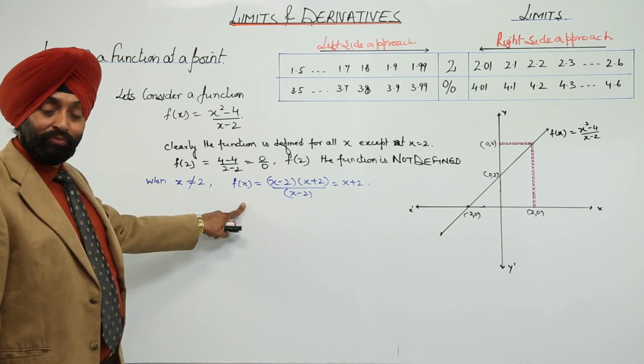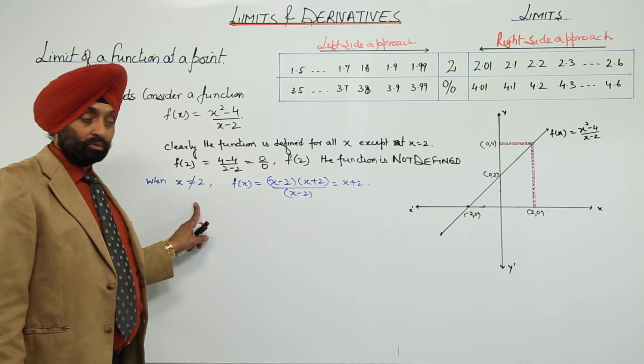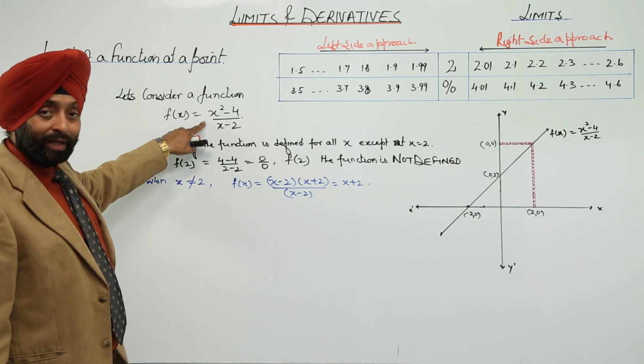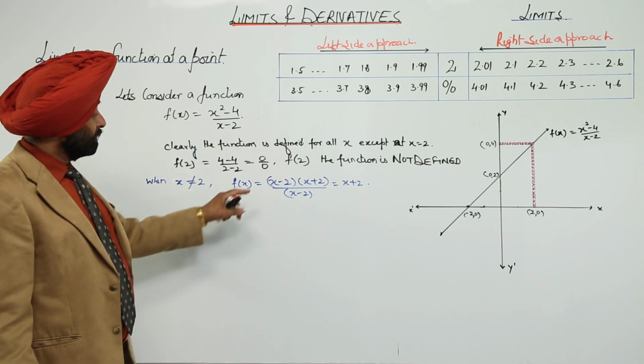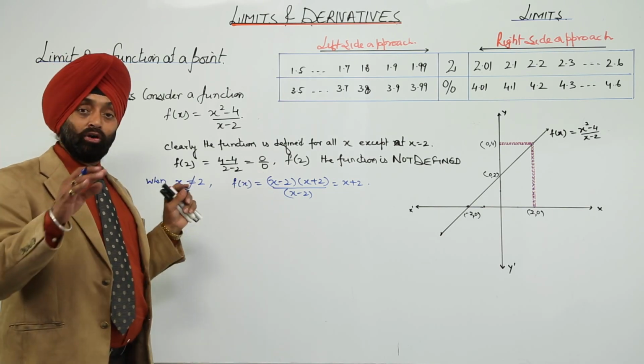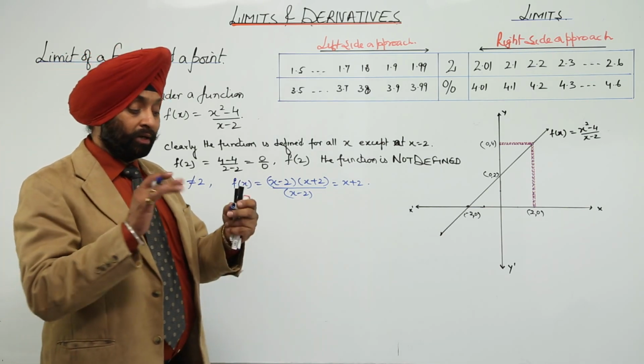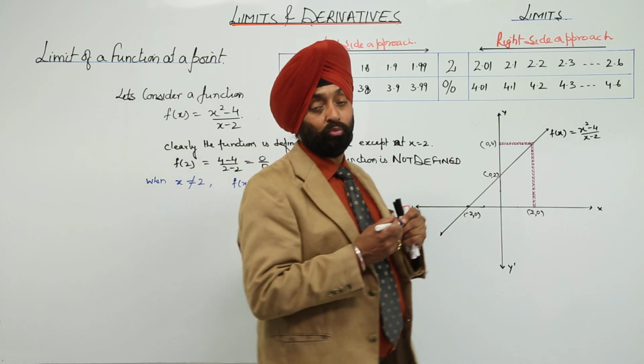This is when x is not equal to 2. We can use the identity for a square minus b square, then we can cancel one thing, the denominator vanishes and we are left with the numerator.